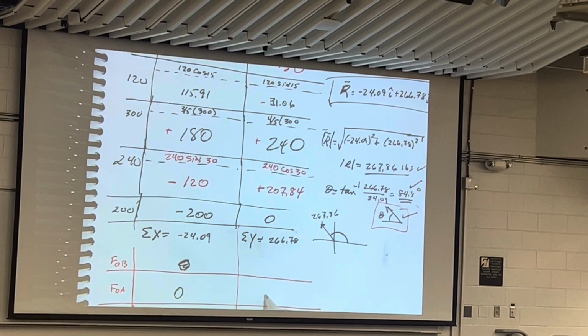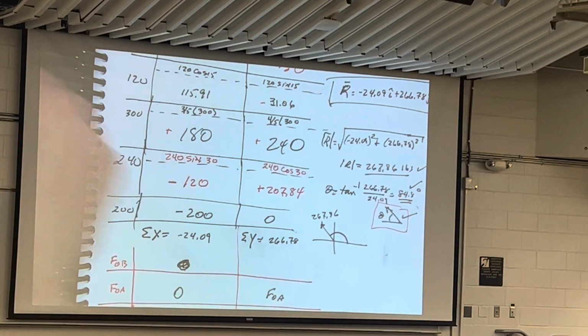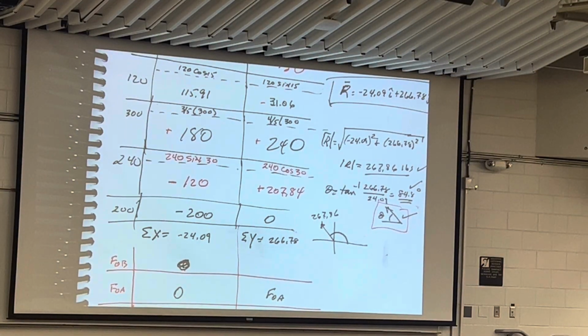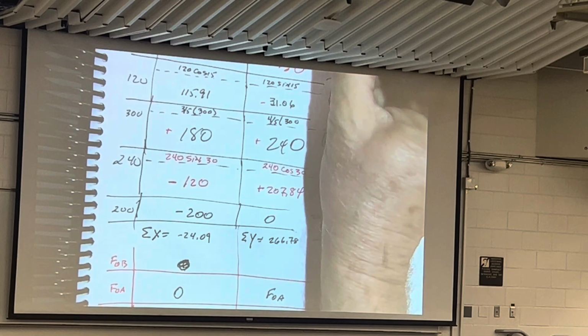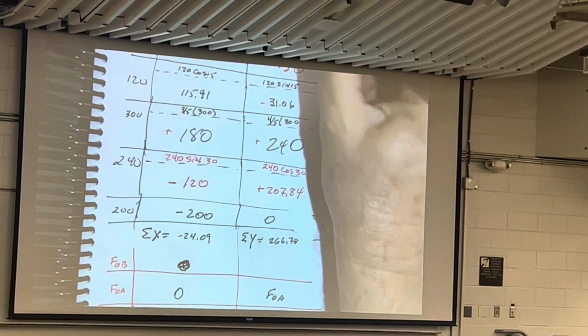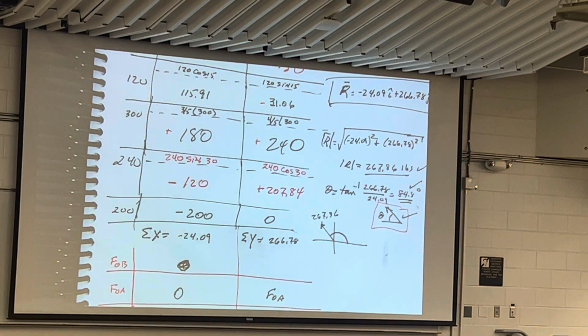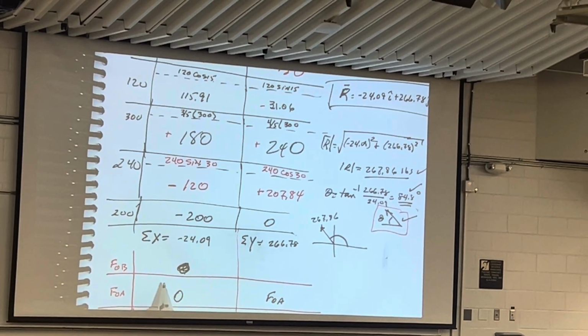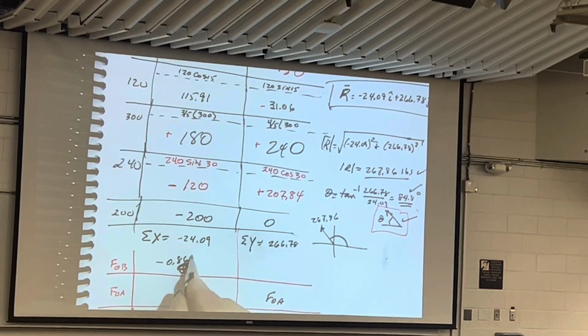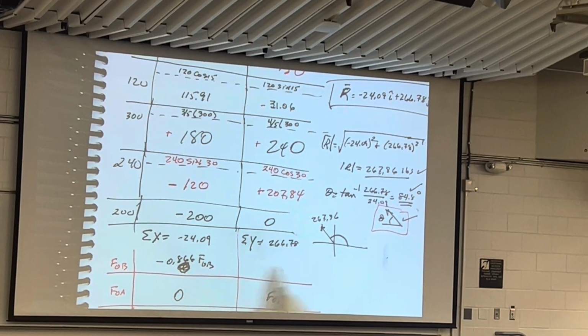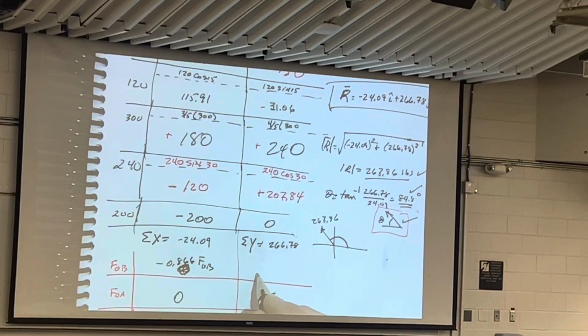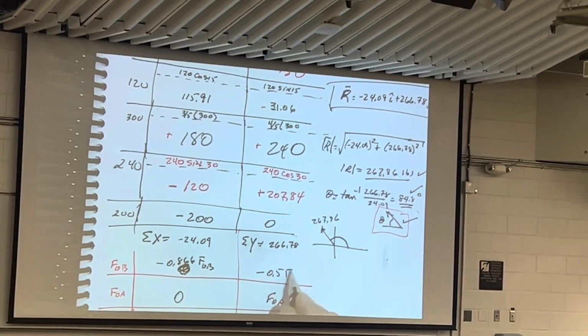So this would be just simply FOA in the y. For FOB, again, I would have an x and a y, which means this would be in the x minus 0.866 FOB and a minus 0.5 FOB.